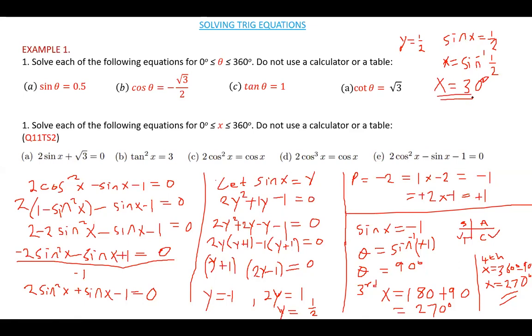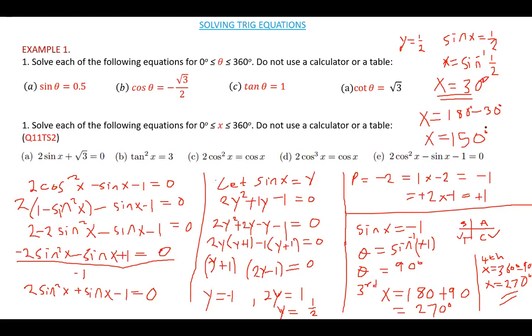But in the second quadrant, you find your value of x to be 180 minus 30 degrees. So 180 minus 30, you get 150 degrees.